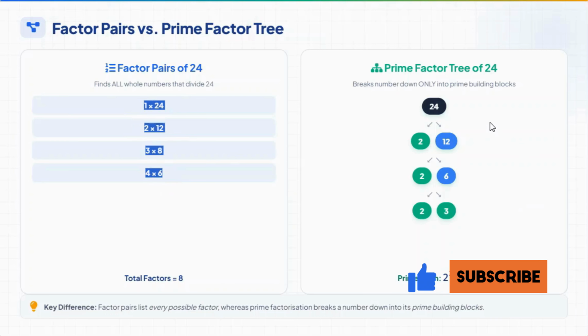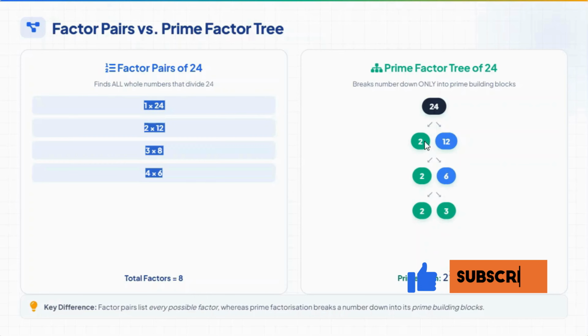Whereas in the prime factor tree, we are breaking down the number 24 into prime building blocks. 24 is 2 times 12. Next, 12 is 2 times 6. Then 6 is 2 times 3.